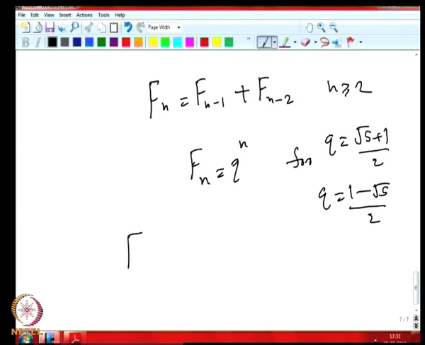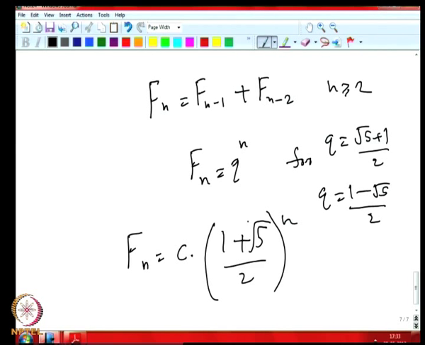For instance, if I had taken Fn equal to some constant c into (1 plus root 5) by 2 raised to n, then also this will be satisfied.